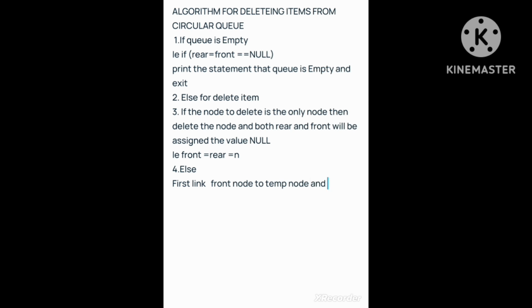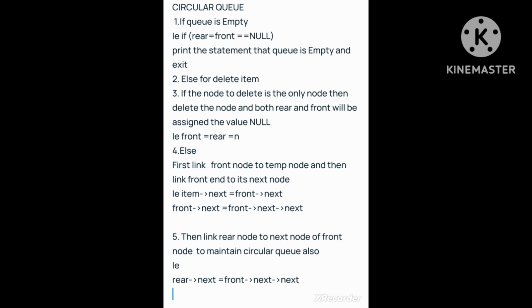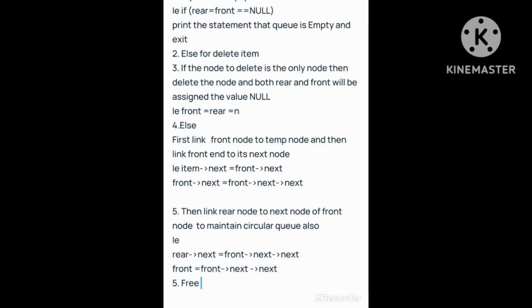So for that we will first link our temp pointer to the node at the front end, and then we will update our front to its next node, and at the same time we have to update our rear pointer to the front's next node in order to maintain the circular queue order.